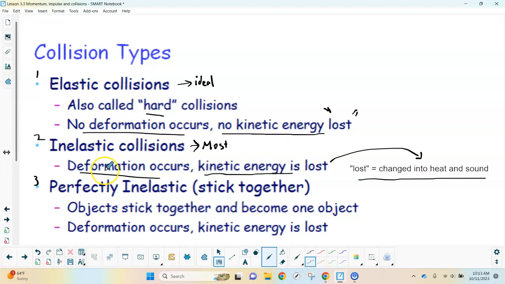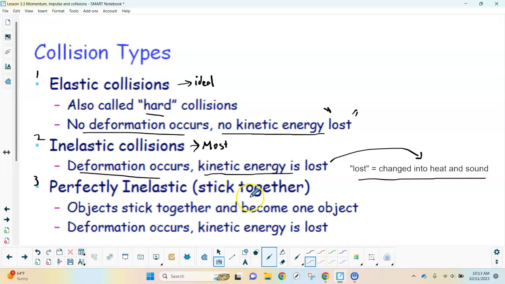Deformation isn't necessarily permanent. Imagine you're walking down a crowded hallway and you bump shoulders with somebody. Your shoulder gets pushed in, so there's a deformation there, but it doesn't stay permanently dented. It returns to its original shape. That's deformation, and that would be inelastic.